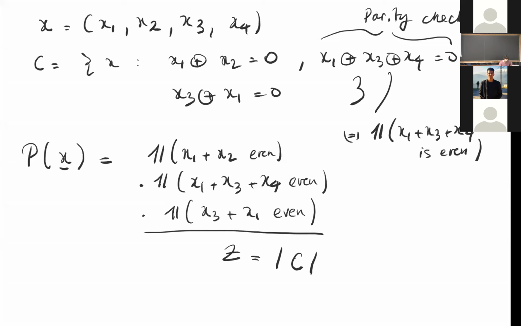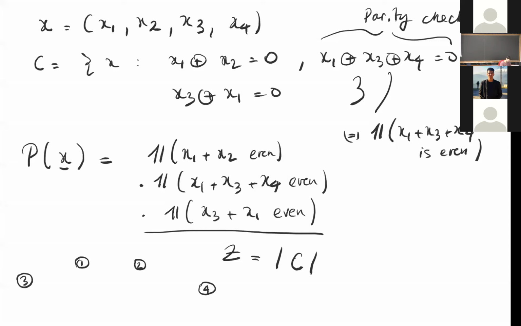Now, of course, how do we represent that with a factor graph? So let me put x1 here, x2 here, x3 here, and x4 here.